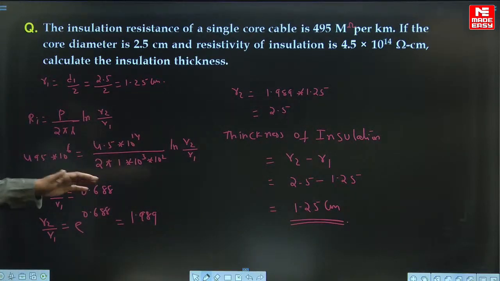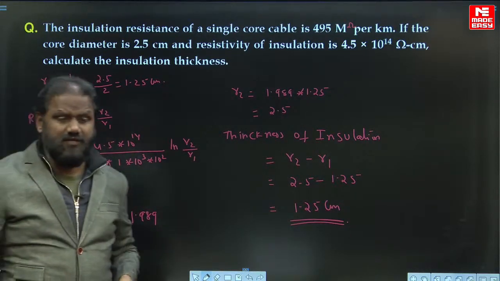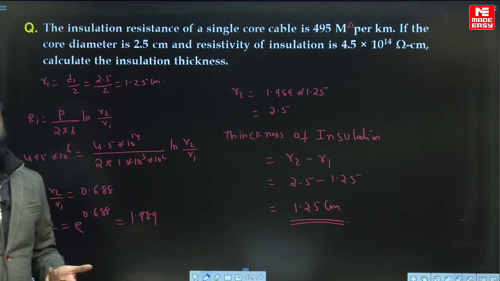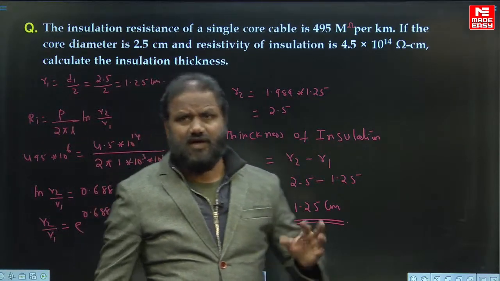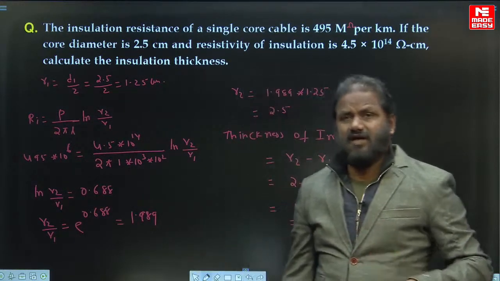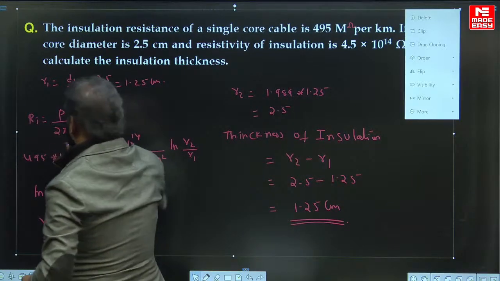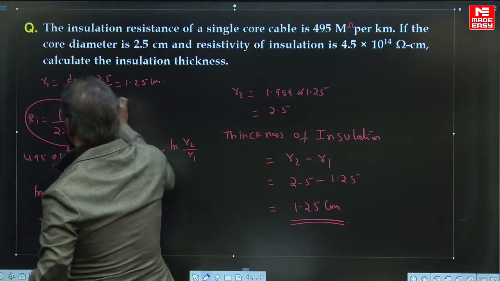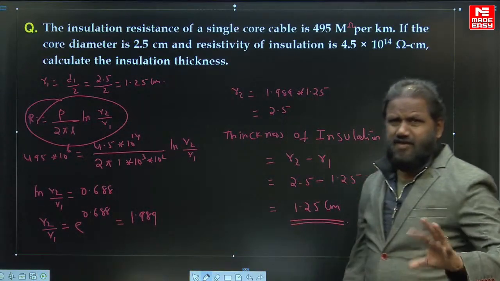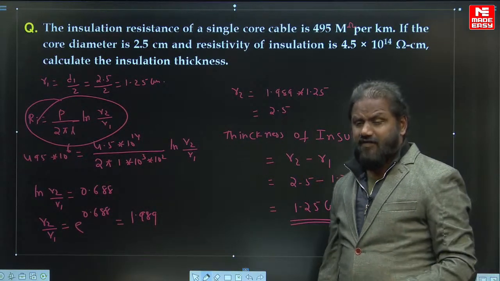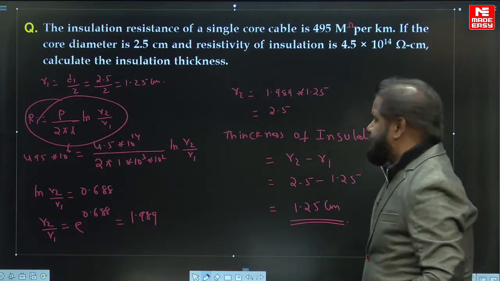So these are the standard model of questions that you can have from the cables. Sometimes the insulation resistance will be given, sometimes by the calculation of R1 and R2 the thickness will be given, or sometimes by giving the thickness you may be asked for R1. I am telling you this is a very important numerical concern. By changing the variables here and there, any kind of question may be possible.